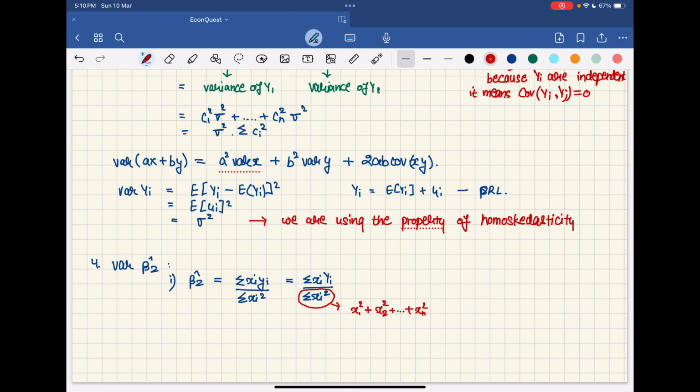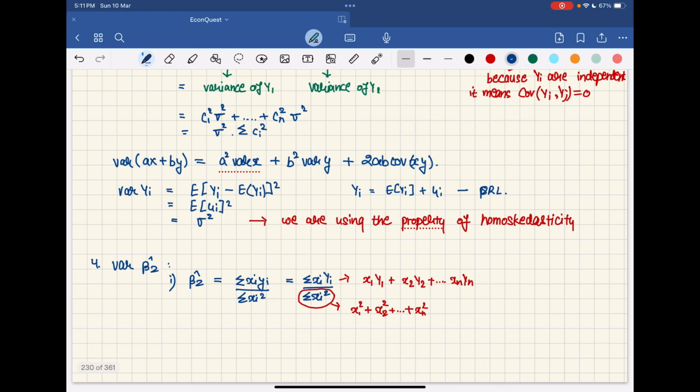So this thing in the denominator is just a number, okay? Now let's have a look at the numerator part. In numerator you have something like x1 y1 plus x2 y2 till xn yn, okay?